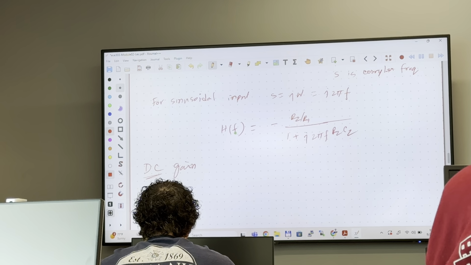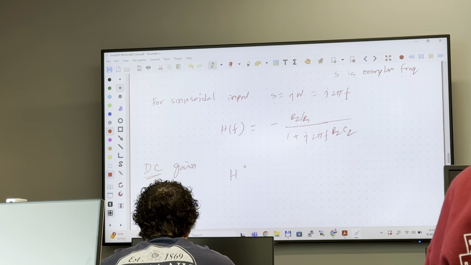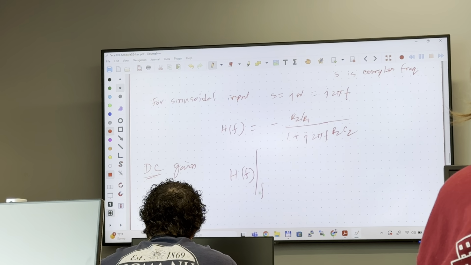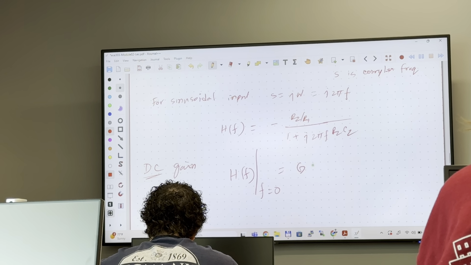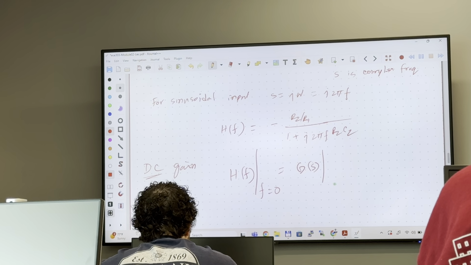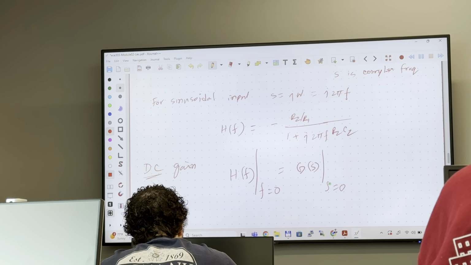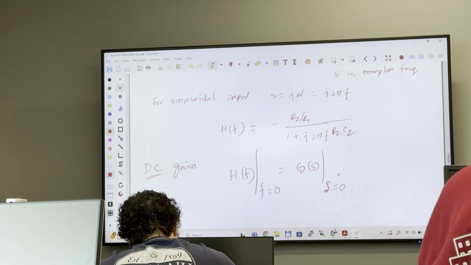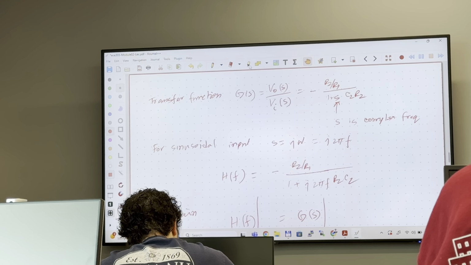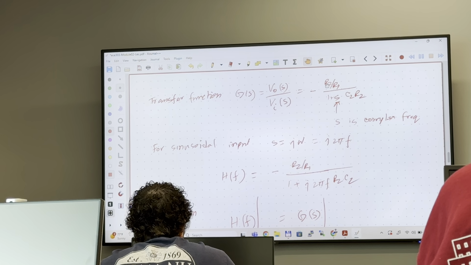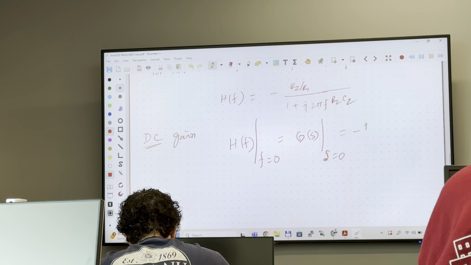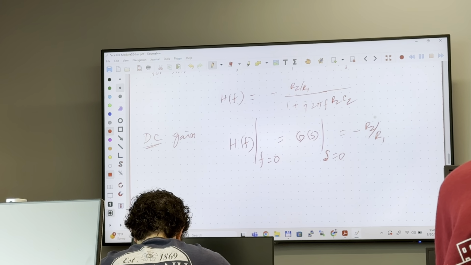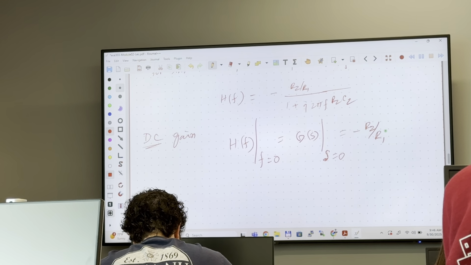So you evaluate H of f at f equals 0, which is the same as evaluating G of S with S equals 0. If you substitute S equals 0, it is simply negative R2 over R1, simply inverting.